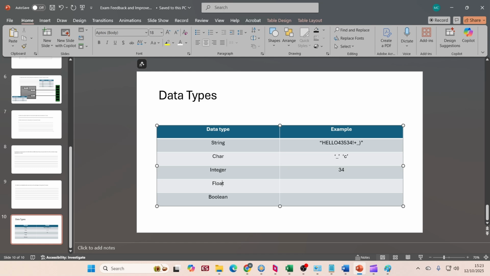A float or a real, they're also called reals in maths as well, is any number with a decimal place in it. And then a Boolean is just true or false. Sometimes it can represent 1 or 0 as well. They're also useful. But yeah, they're the data types that you need to know. And yeah, that's that one.